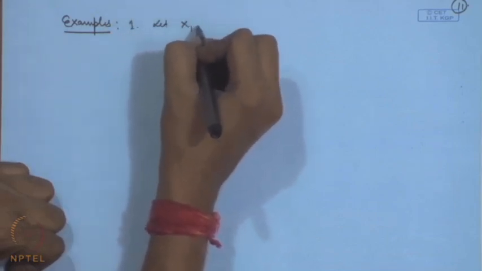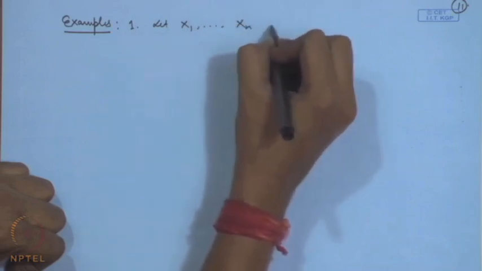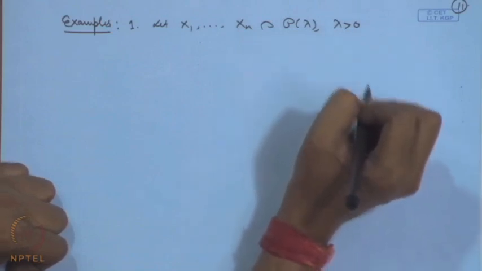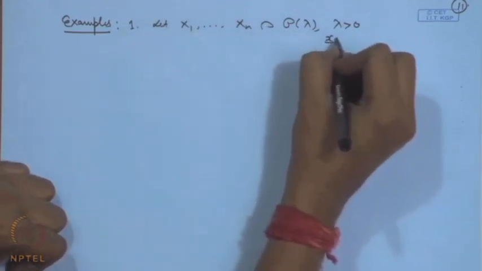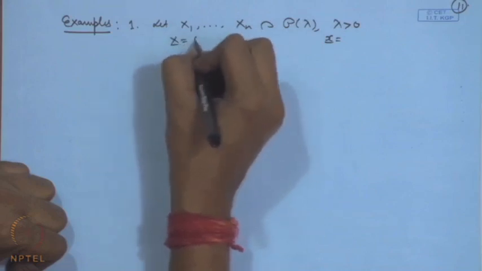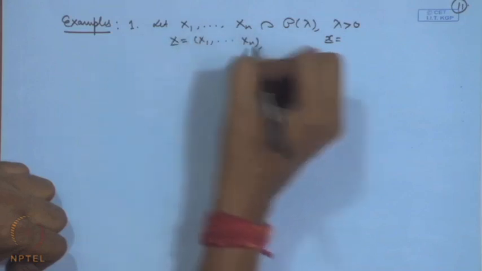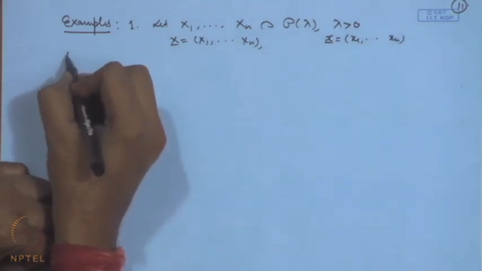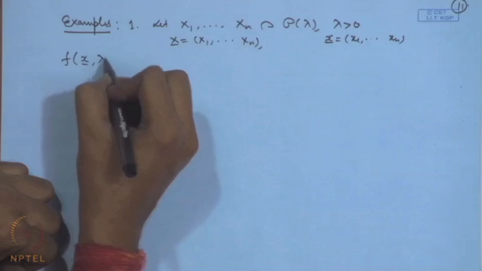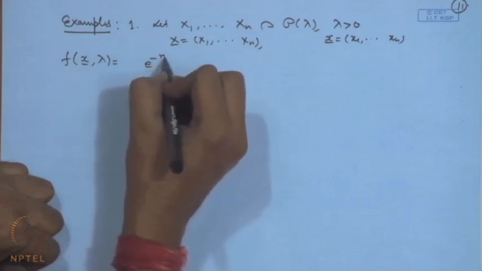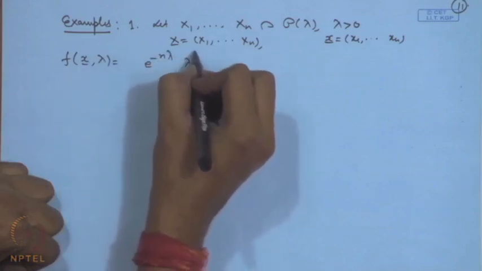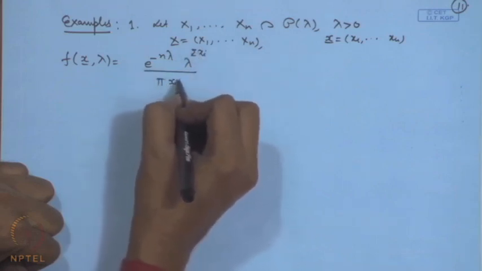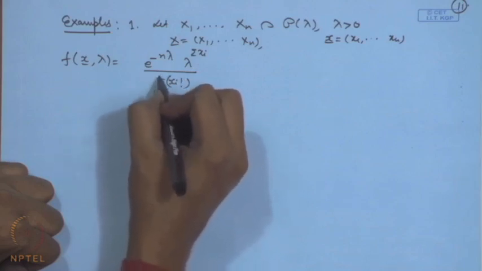Let us consider the cases of the standard distributions. Suppose I consider the Poisson(lambda) distribution, and we denote by X the X_1, X_2, ..., X_n, and by small x we denote the points. So, consider the f(x, lambda) here, that is e to the power minus n lambda, lambda to the power sigma x_i divided by product of x_i factorial, i is equal to 1 to n.